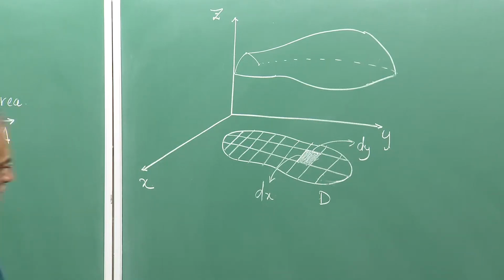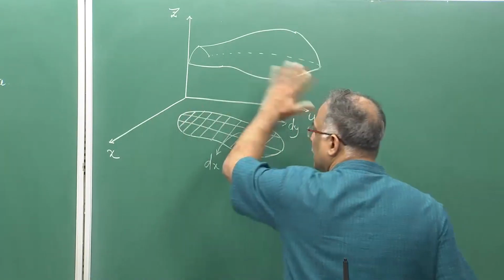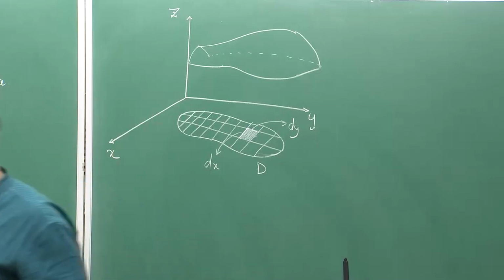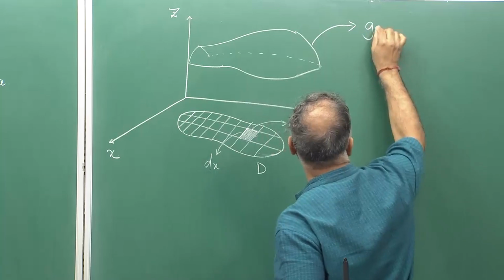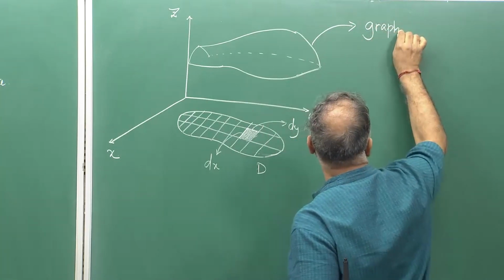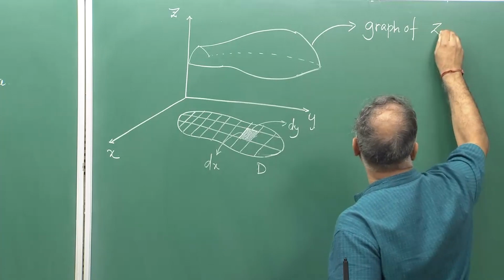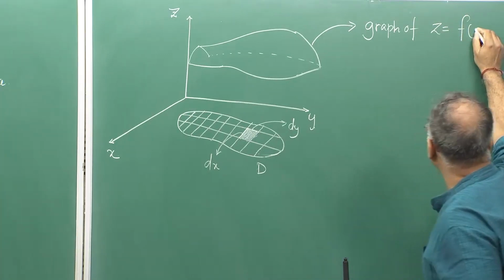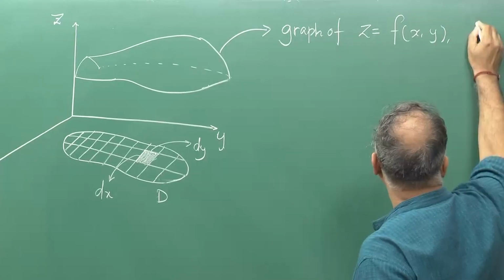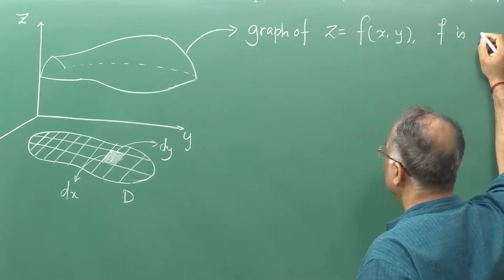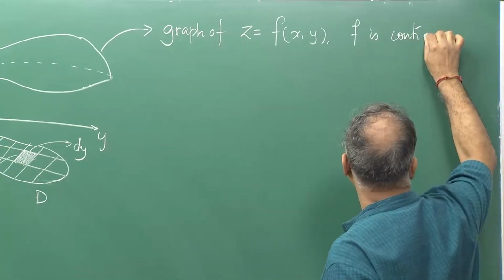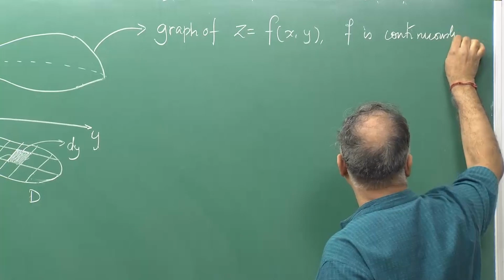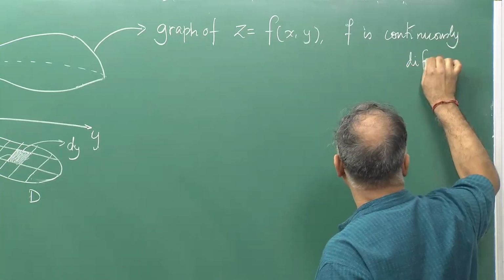Because the surface is continuous, we are assuming nice continuous functions, this is the graph of f. I am just drawing, keeping the thing continuous. f is continuously differentiable, smooth.